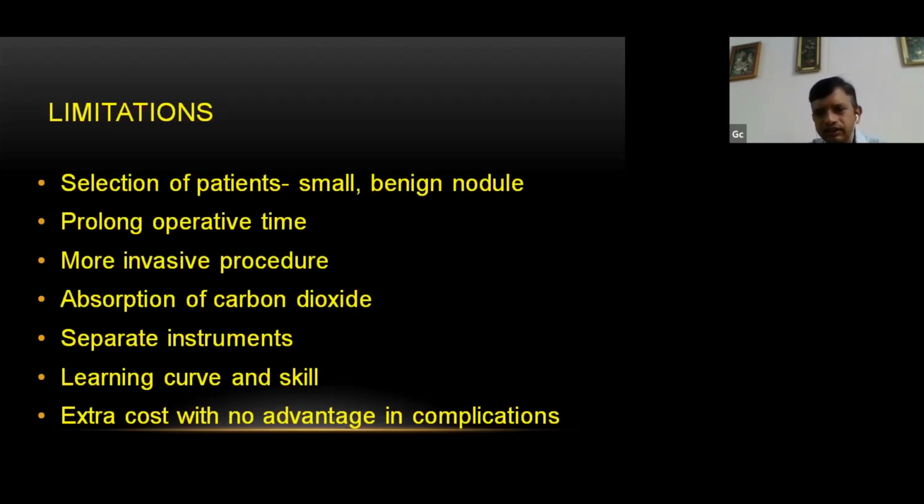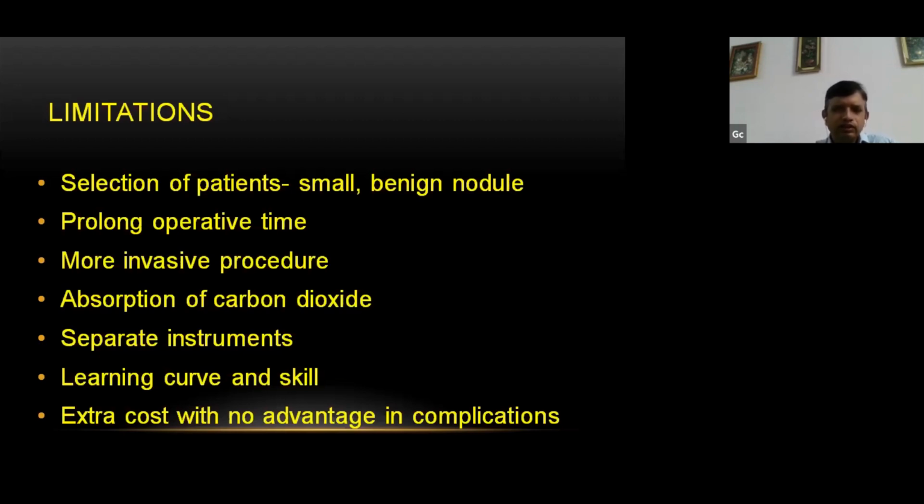So this is the limitation because you can't perform the endoscopic procedure in all thyroids. So for the initial few cases, you have to be very selective. At least 10 cases you perform with a small thyroid, and then gradually you increase the size. First, 2 to 2.5, up to 3 you can operate.